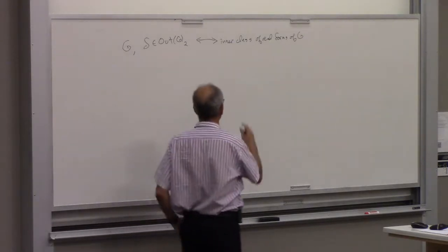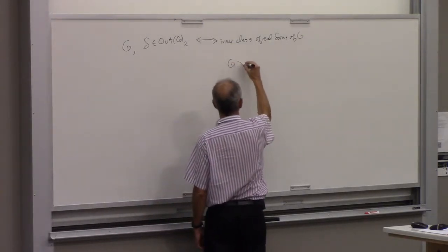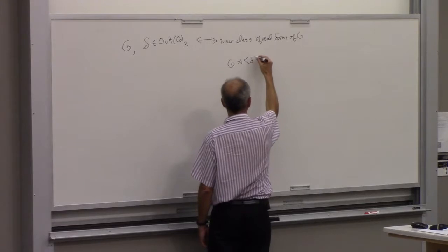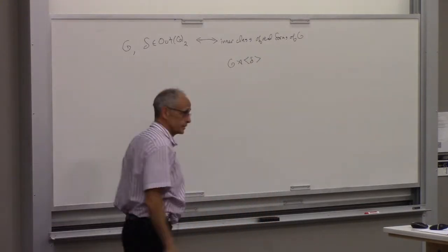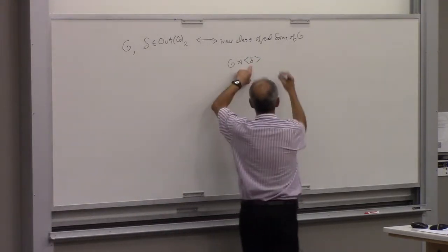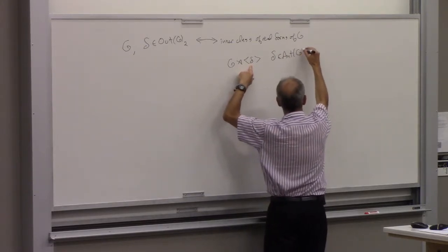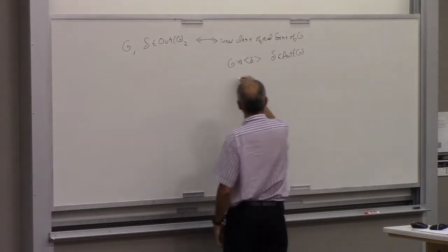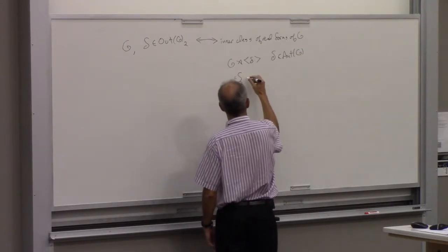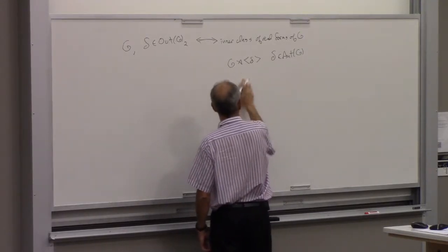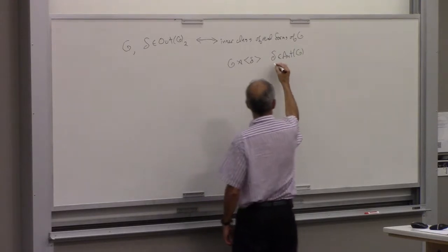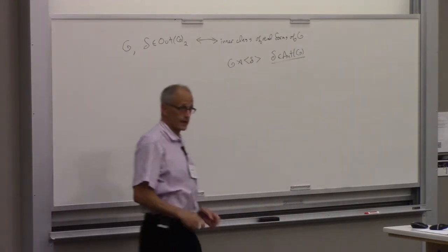But now I'd like to make a group, G semi-direct delta. So what does this mean? This means that delta is supposed to be an automorphism of G, so that I can define this group to be the set of pairs, the usual definition. And for that, it's not enough to have an outer automorphism.